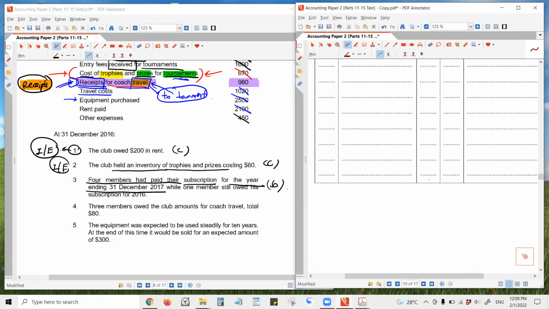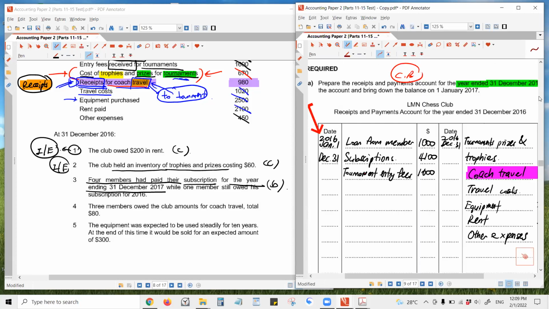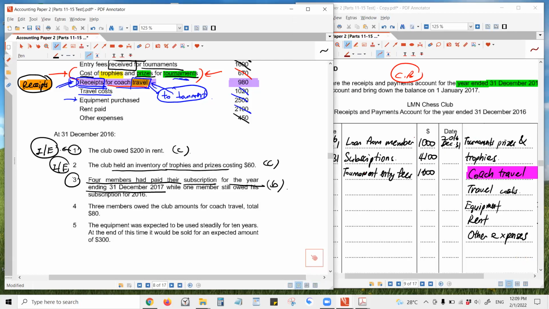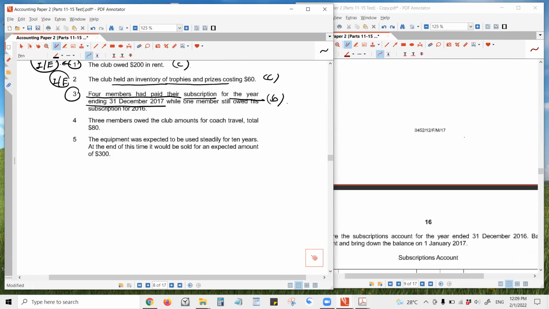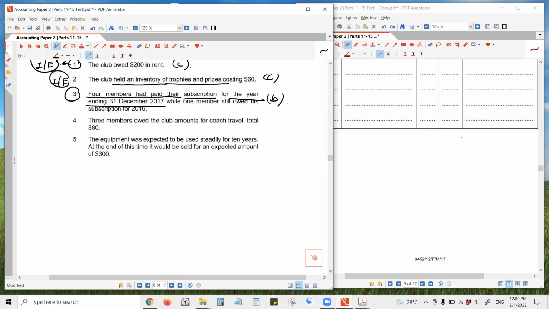Do we have subscription in the receipts and payments account just now? Yeah, we already have it. The 4,001 is here. This is the amount we have actually received during the year. So this info number 3 is meant for part B, where they ask you to do the subscription account. We reserve it for part B.